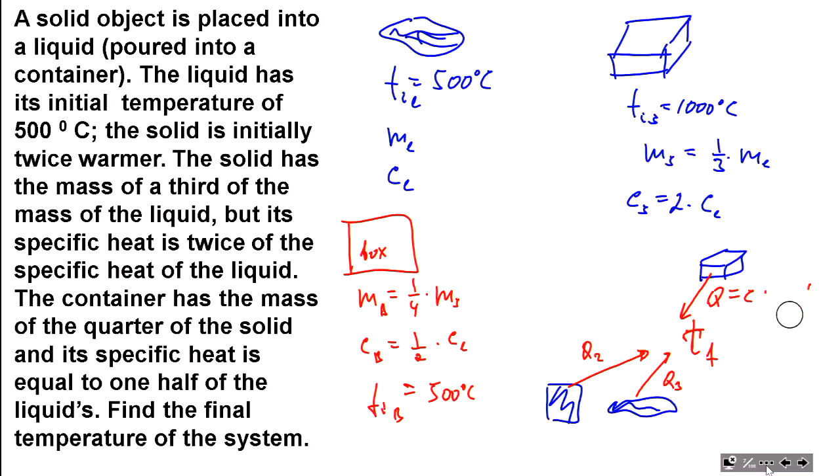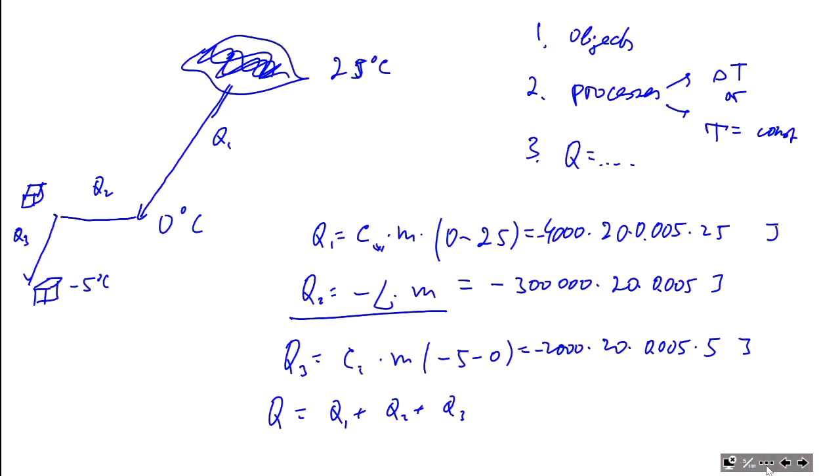Easy fix. This is solid, temperature change for the solid object, liquid, temperature change for the liquid object, and box, temperature change for the box. But now we have to make one additional step relative to the problem we just previously solved.